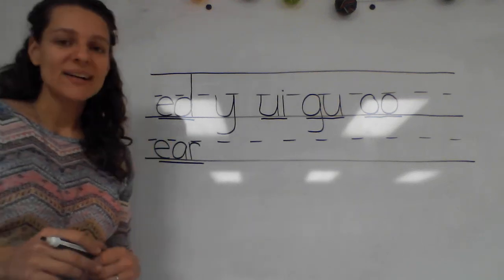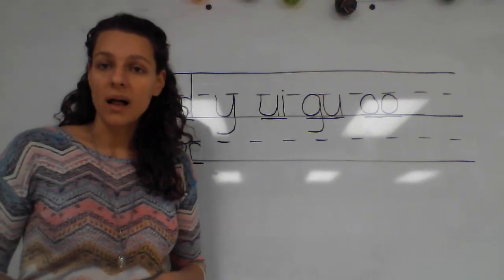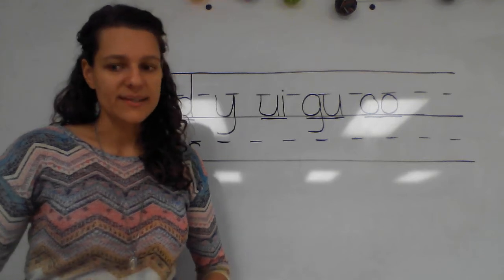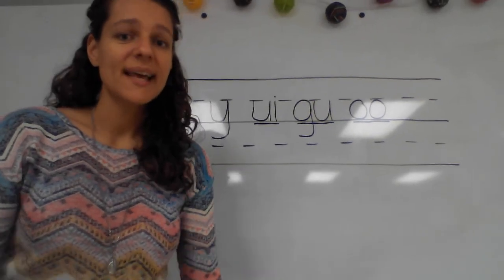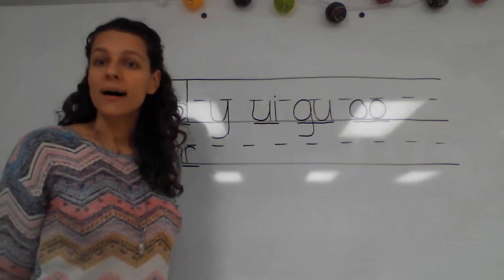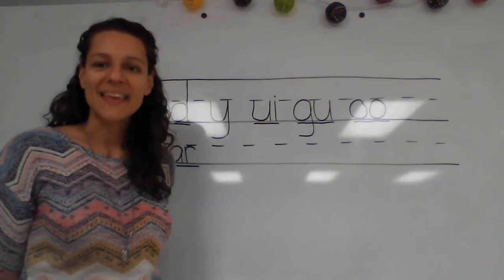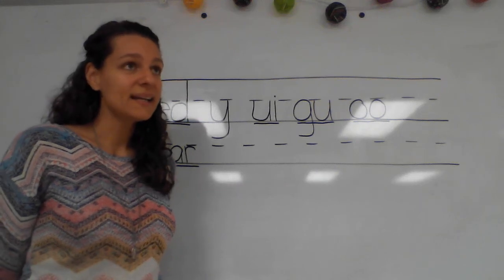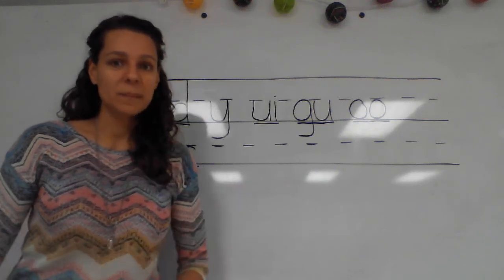All right, our next phonogram is aw, that we do not use at the end of English words. Class, what are we going to write? Good. Aw that we do not use at the end of English words. Write it and say it while you write it.